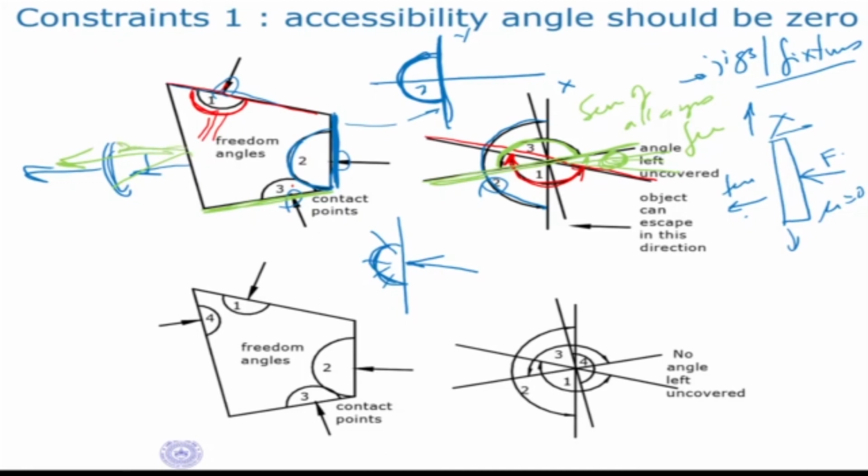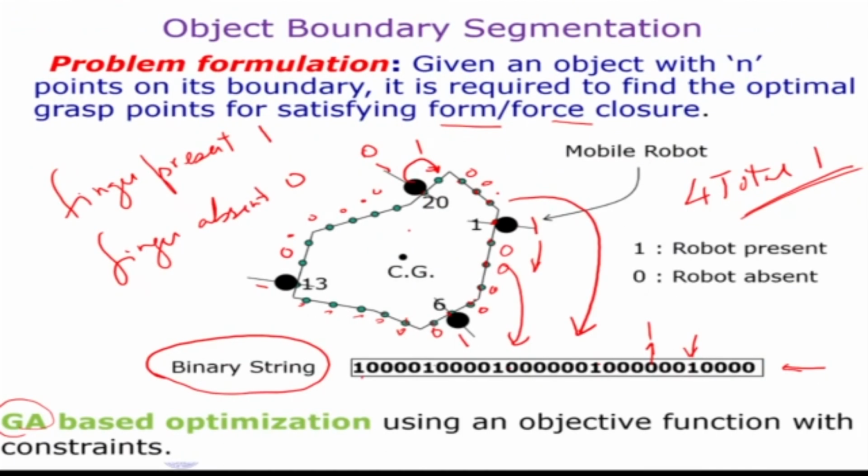Now the program can very easily find this out at every point. How does it know at which point the finger is there? Basically, it goes back to the binary string, which tells us at which point on the boundary the fingertip is. For example, 1 finger is here.